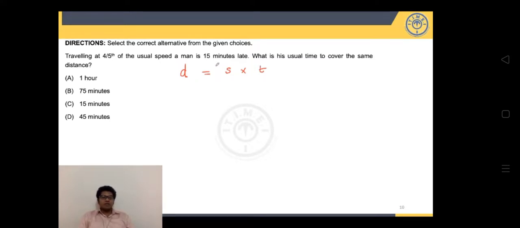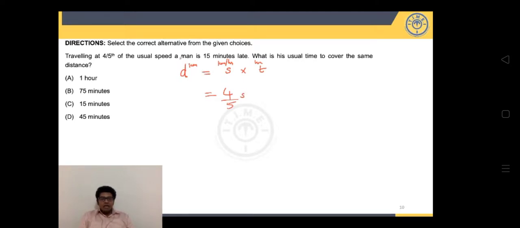Always have it in kilometers per hour and hours. Now, traveling at 4/5 of the usual speed, the speed is becoming 4 by 5 s.